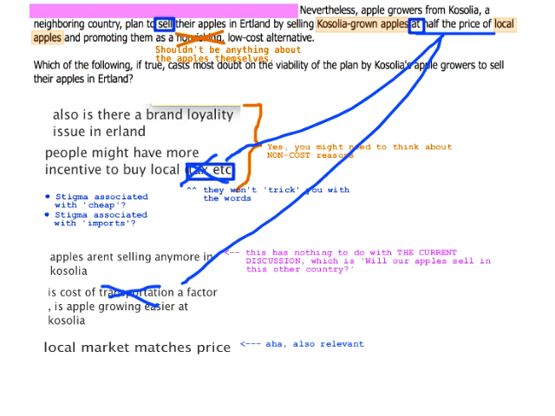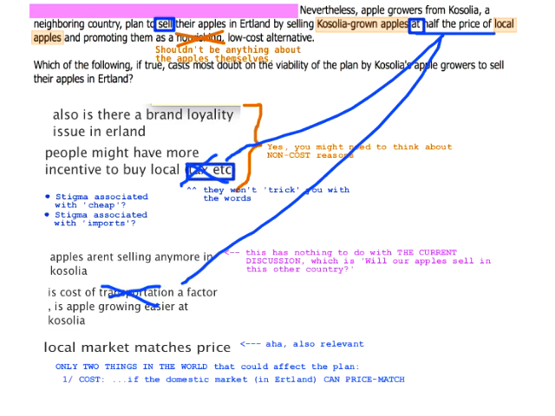There are only two ways in the world that could affect this plan, which are number one, cost. And since we know the cost of the imported apples is going to be low, the only cost factor that matters is if the domestic market in this country of Earthland can price match, if they can lower the price accordingly.